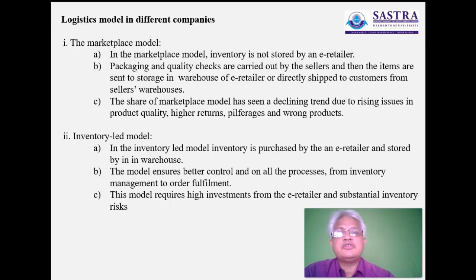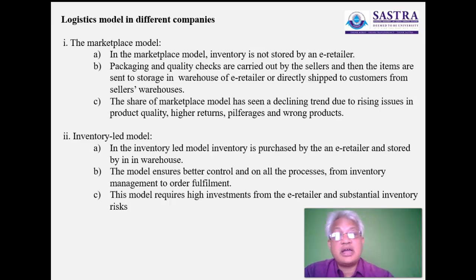In the marketplace model, he doesn't have the inventory. So, packaging and quality checks are carried out by sellers. Those sellers are not the e-retailers. And then the items are sent to storage in the warehouse of the e-retailer or directly shipped to customers from the seller's warehouse.